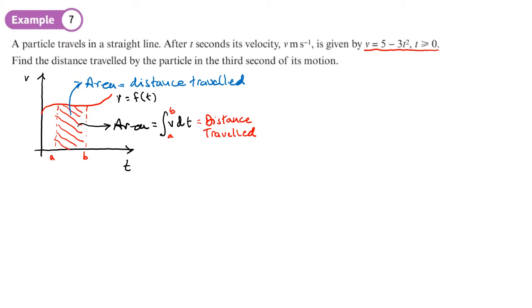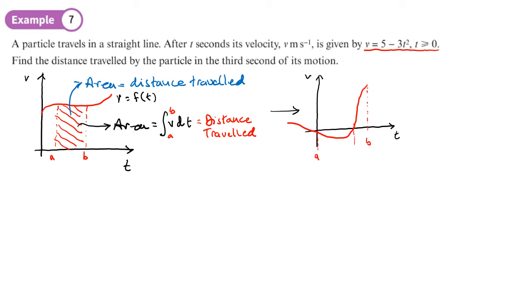Now, when we use integration, there's one thing we've got to watch out for, and that is if the velocity graph does something like this. It goes below the axis. Let's say, for example, I needed to work out the distance travelled, and this was B, and this was A. Well, I can't just integrate between A and B, because bits are going to cancel out.